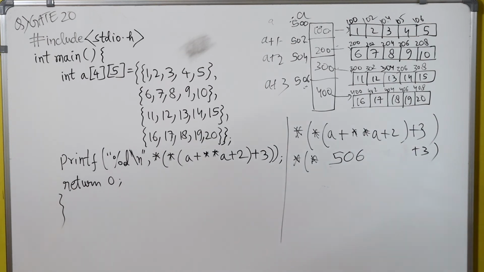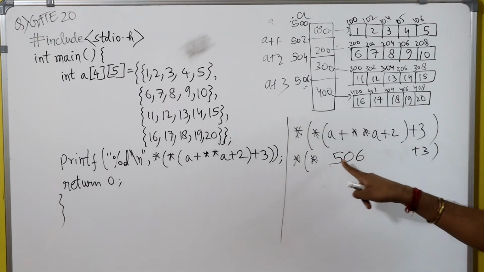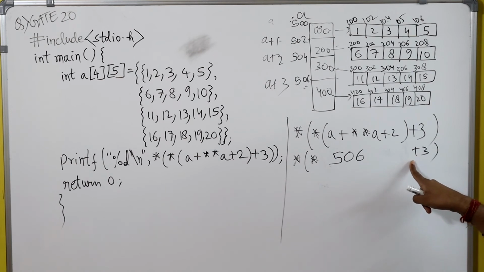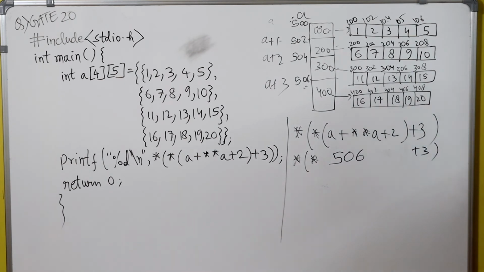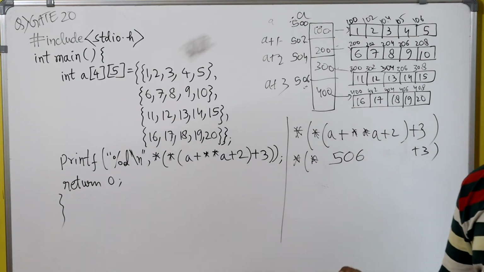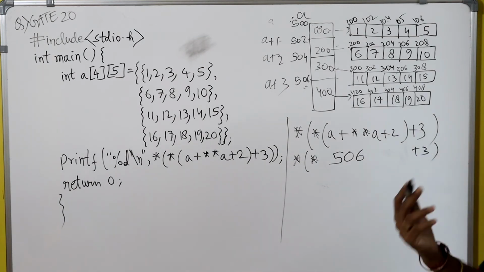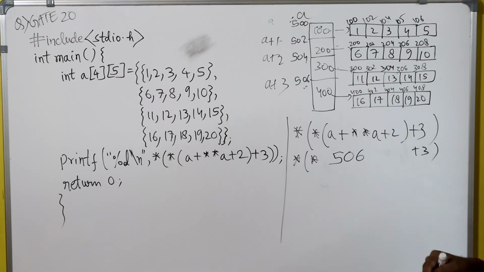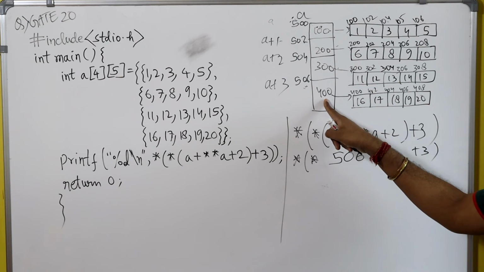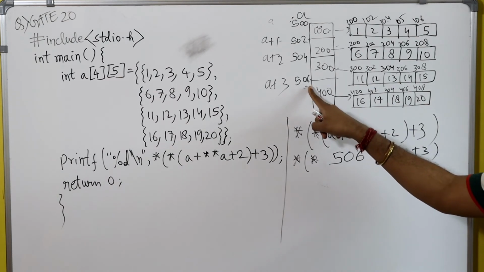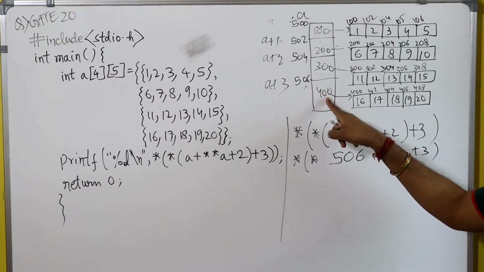So what do we have now? Star of 506 plus 3. Let's solve star of 506. What is the meaning of star of 506? Value at the address 506. So what is the value at the address 506? That is 400. You see, 400 is present at the address 506.